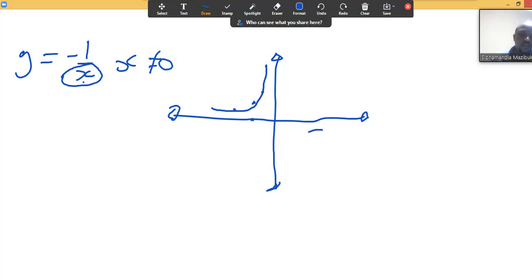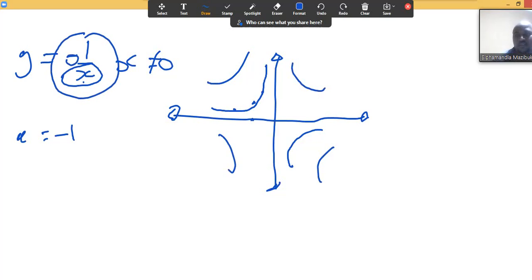Now our a is negative 1. If a is negative, the graph will face this direction, and if a is positive, it will face this direction.